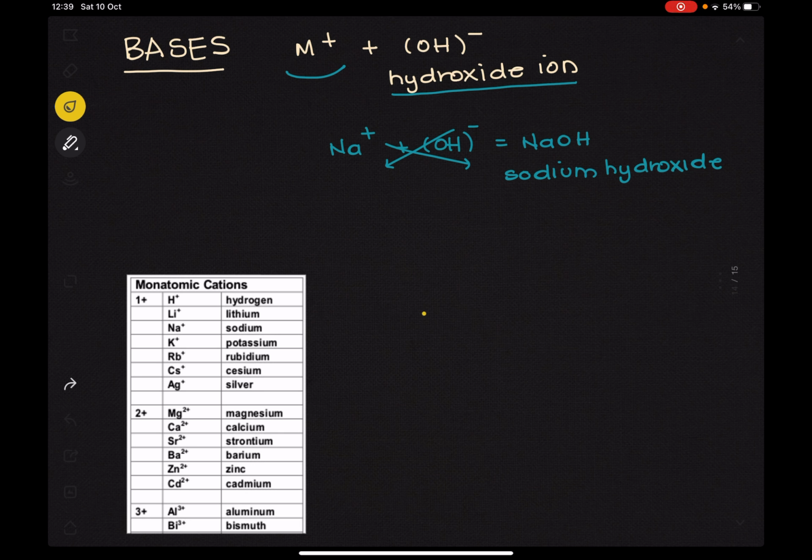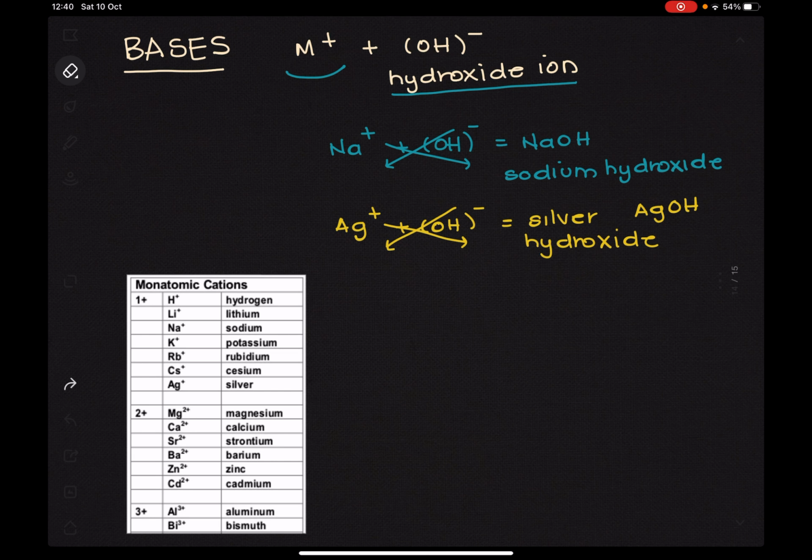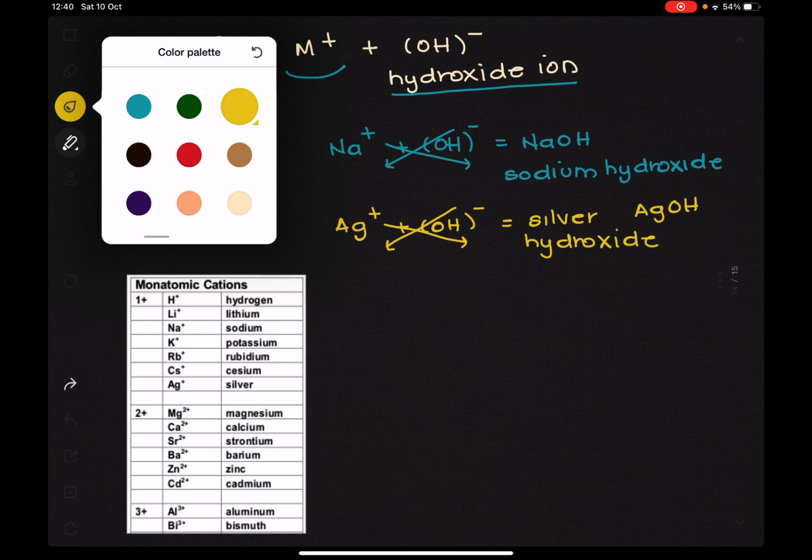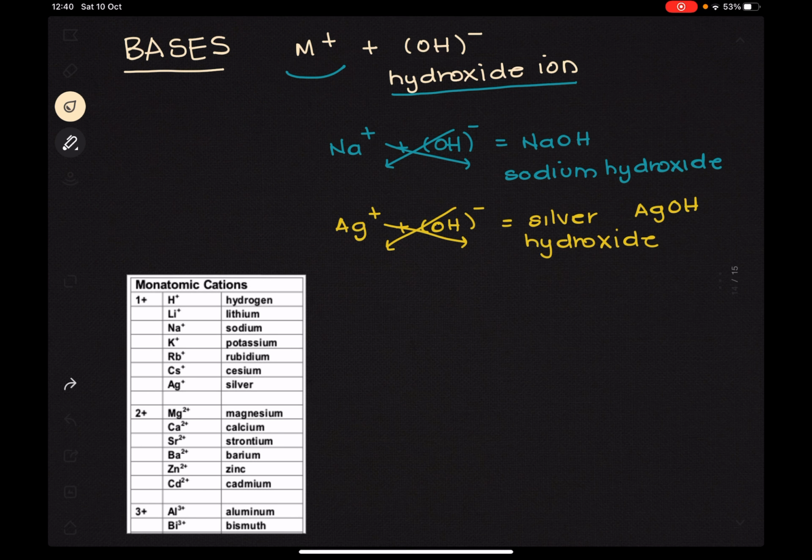So for example, I have silver plus OH minus. So I have silver hydroxide, and the formula is going to be AgOH. Remember, the charges go one and then the other one. Let's do one where the charge is variable. One of the variable charges that we have is for gold.